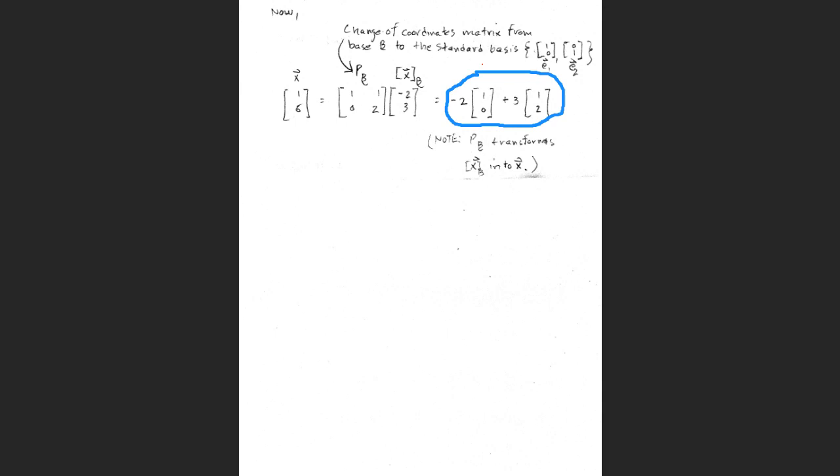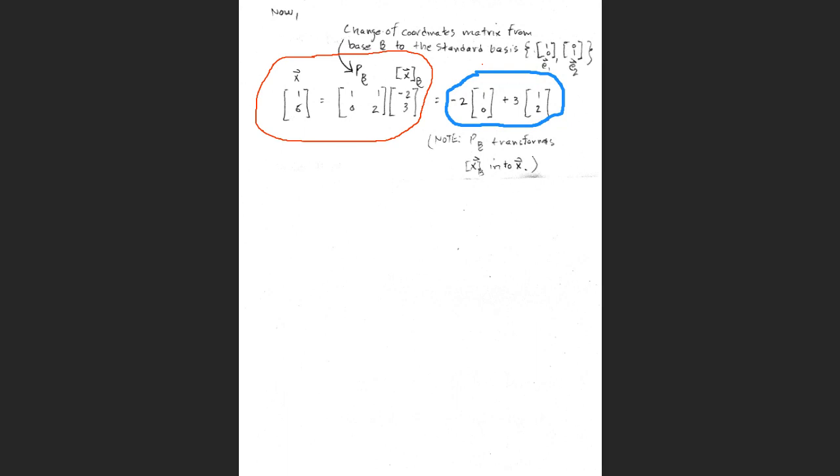that can be thought of as, well, you can write a matrix equation. The matrix equation is this: x equals P sub b times the coordinate vector of x relative to basis b. The P sub b matrix is called the change of coordinates matrix from basis b to the standard basis.